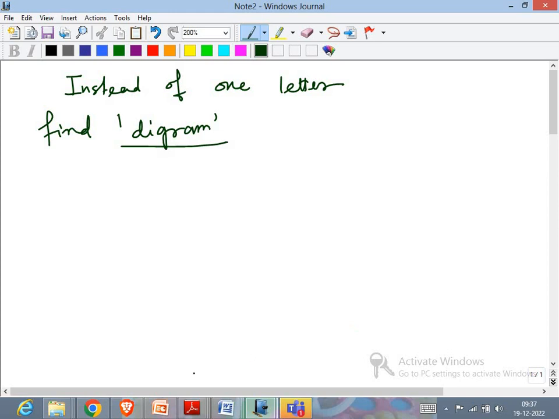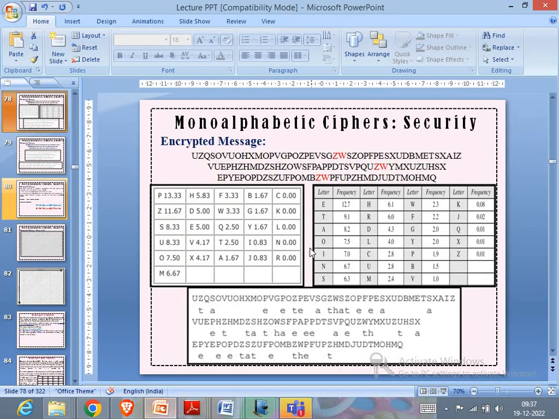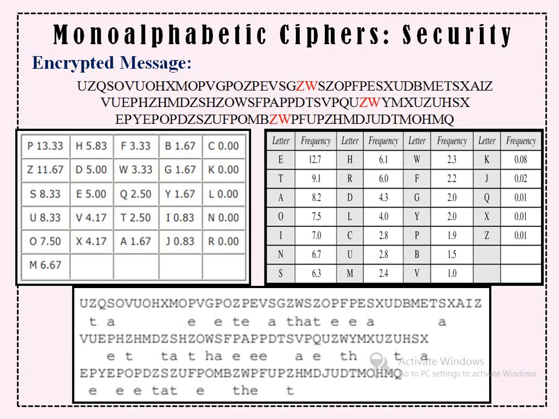If you go back over here and check ZW, I think I have marked it as red. If you observe this word ZW, it's a two-letter word, a digram we are calling it. ZW has appeared multiple times, right? Usually in English, the two-letter combination that appears most frequently is TH.